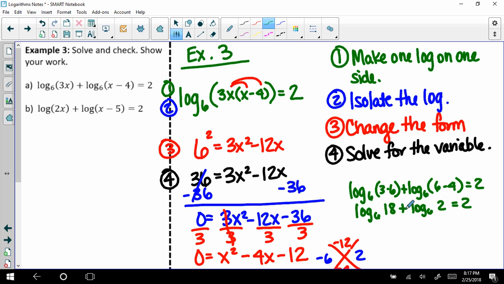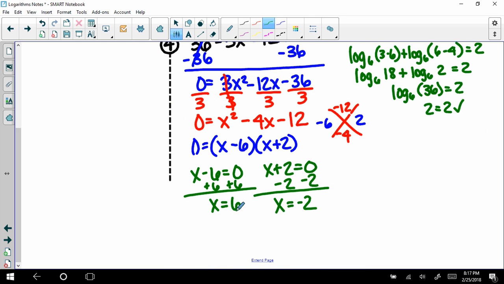So if I multiply those, because that's what that plus means, we get log base 6 of 36 equals 2. And if you type this in your calculator, you get 2 equals 2, so it checks. So 6 works.